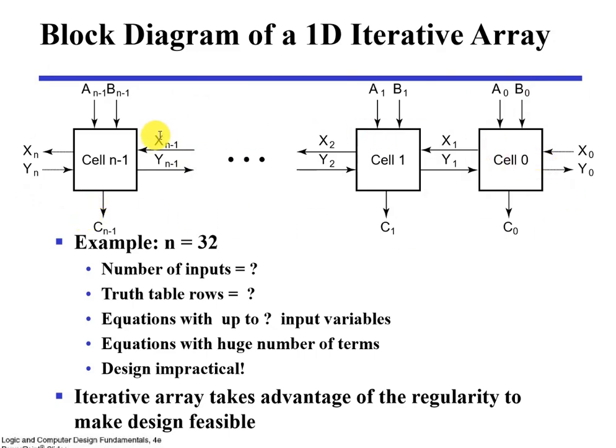In this case, we can see that there are two lateral connections between each pair of cells in the array. These are the cells, right? One runs from left to right, and the other runs from right to left.